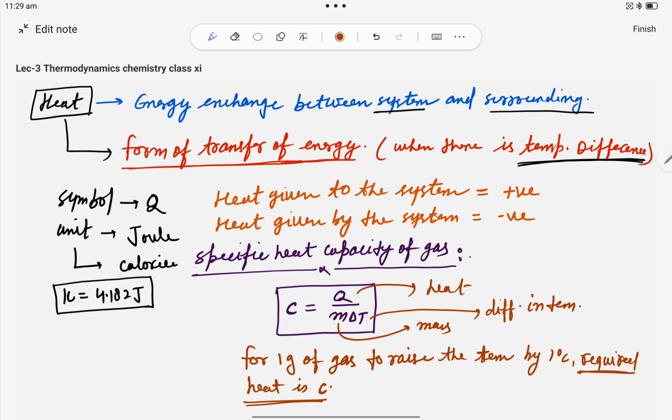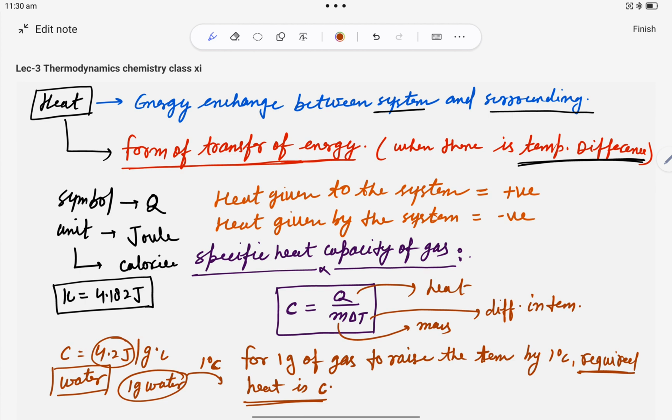Here is one example to make it clearer: C is equal to 4.2 joule per gram degree Celsius. It is the specific heat capacity of water. What is the meaning of this? That means for 1 gram of water, if you want to raise the temperature by 1 degree Celsius, then the required amount of heat is 4.2 joule. That is the meaning.